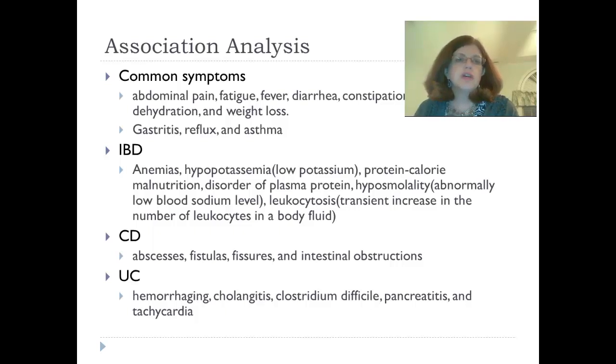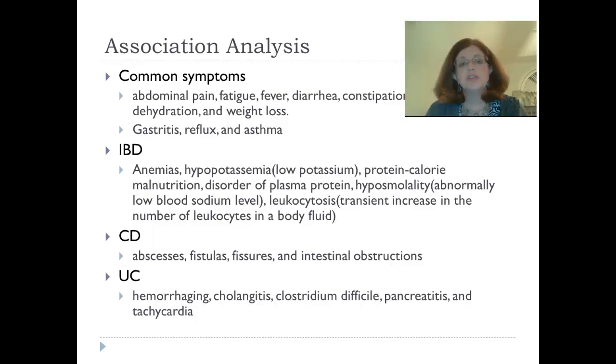The difference between IBS and IBD we found in our rules and in the documentation was the malabsorption conditions, the anemias, the low potassium, that can result from having the IBD disease or because of the medications you take to treat the IBD disease.